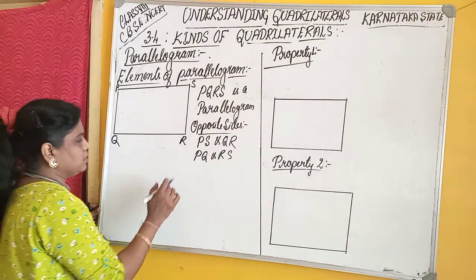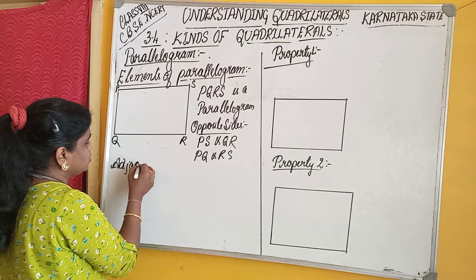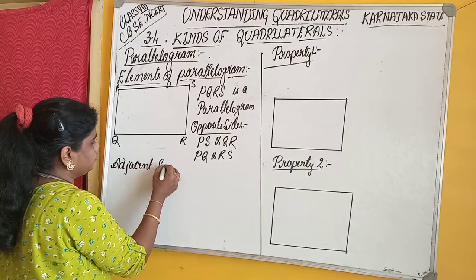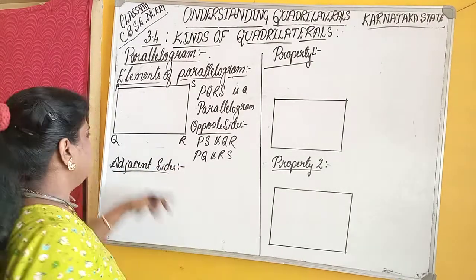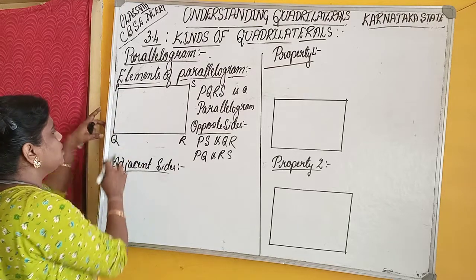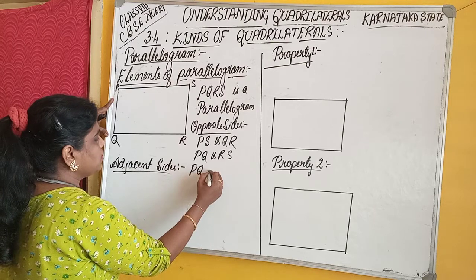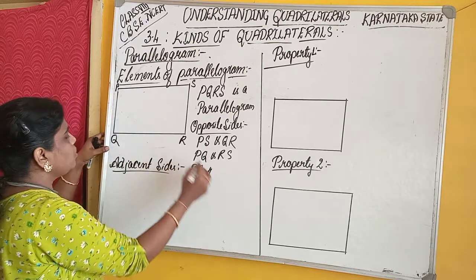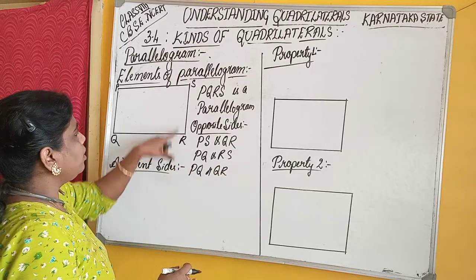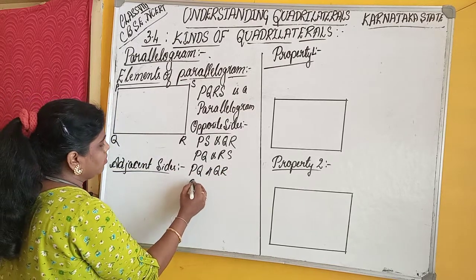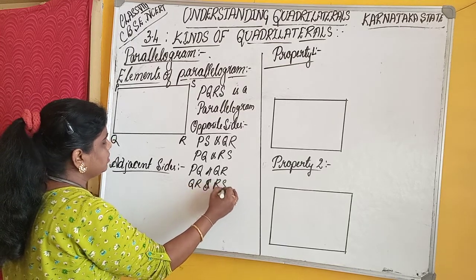These are opposite sides. Then what do you mean by adjacent sides? Adjacent means side by side. For example, if you consider side PQ, the adjacent side is QR. PQ and QR are adjacent sides, and QR and RS are adjacent sides.